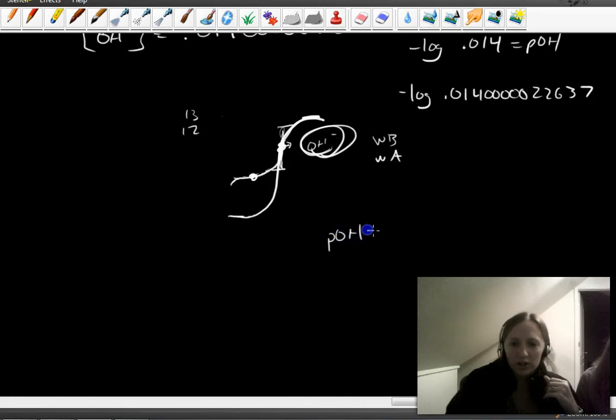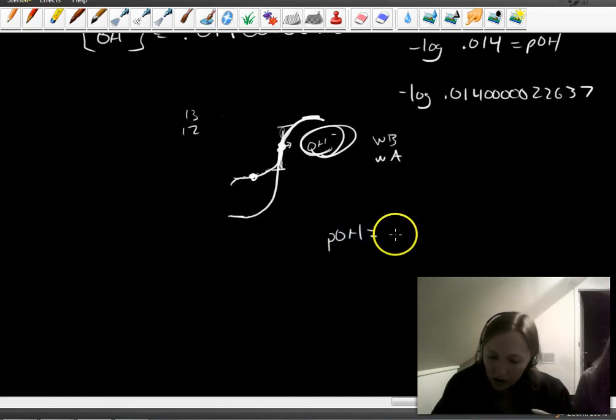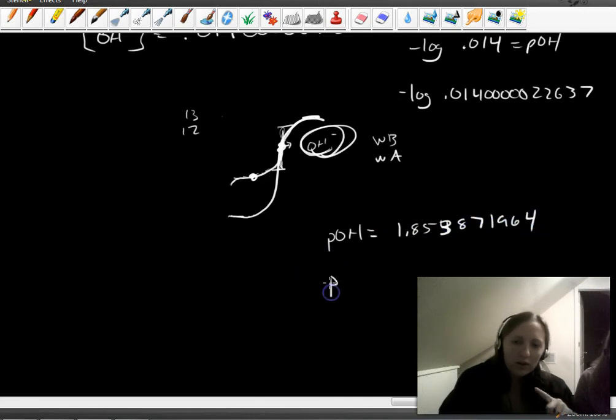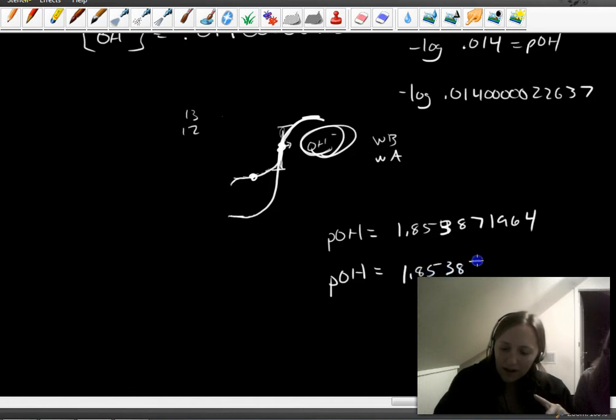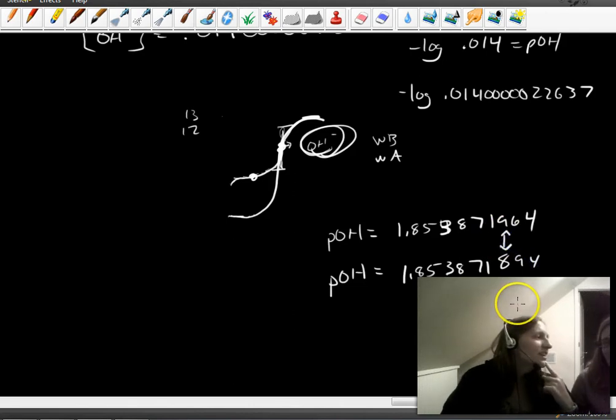Your pOH when you're just doing the strong is 1.853871964, and your pOH when you are doing it with the strong and the weak is 1.853871894. There's the difference. The decimals cut off here.